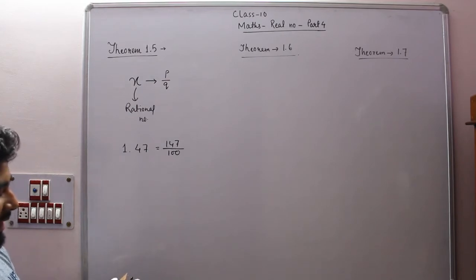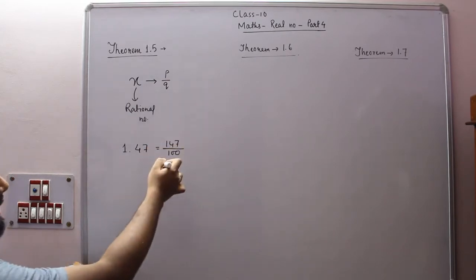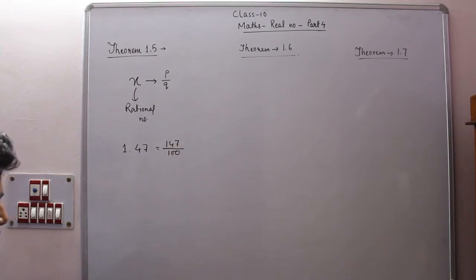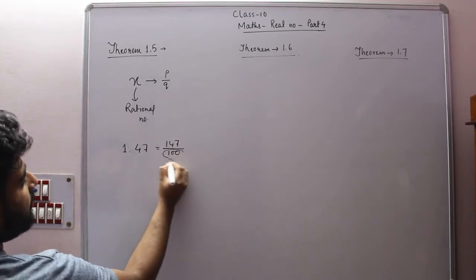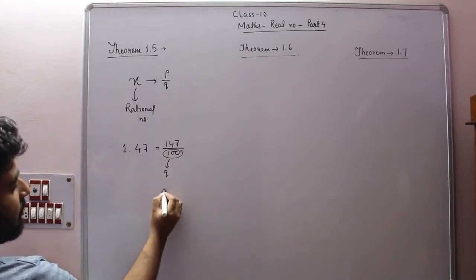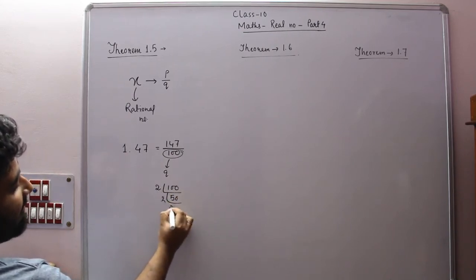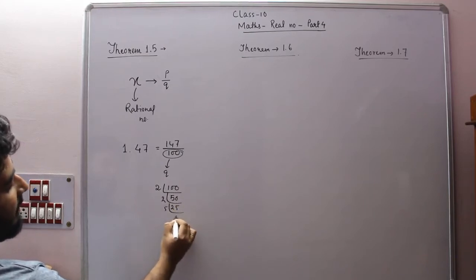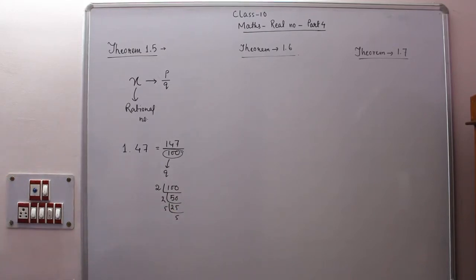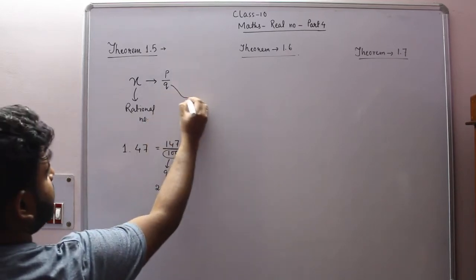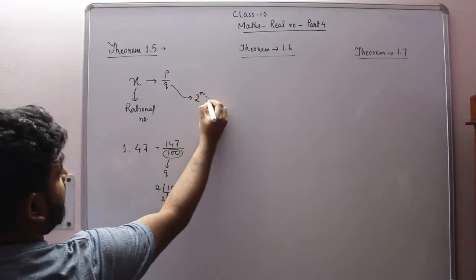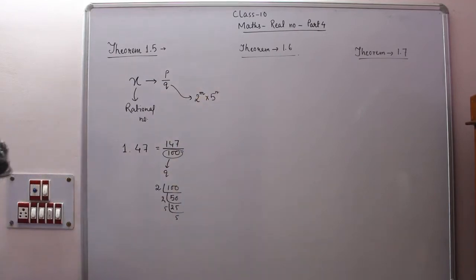Now where p and q are co-prime, obviously they are not going to cancel each other. Then the prime factorization of q, what is q here? This is our q. If you do the prime factorization of 100, it has to be in the form of 2 power m into 5 power n, where m and n are non-negative integers.